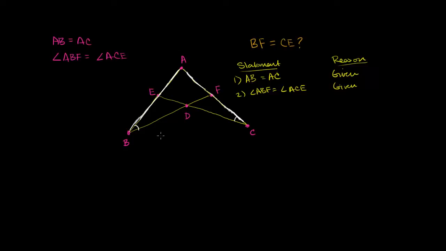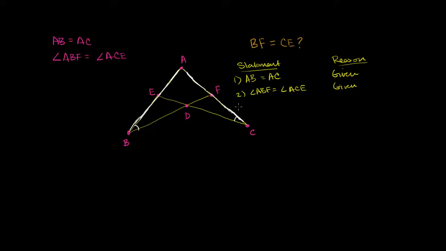Now, the other interesting thing, we have an angle and we have a side on each of these triangles. And then what you can see is both of the triangles, and when I say both of the triangles, I'm talking about triangle ABF and triangle ACE, they both share this vertex at A. At point A is a vertex for both of these.